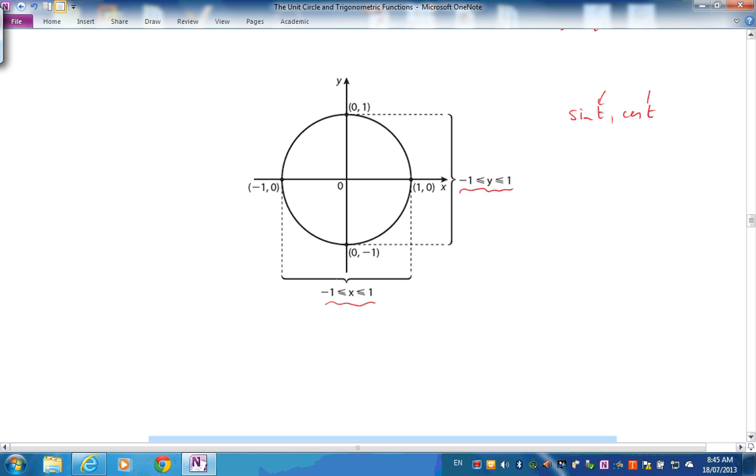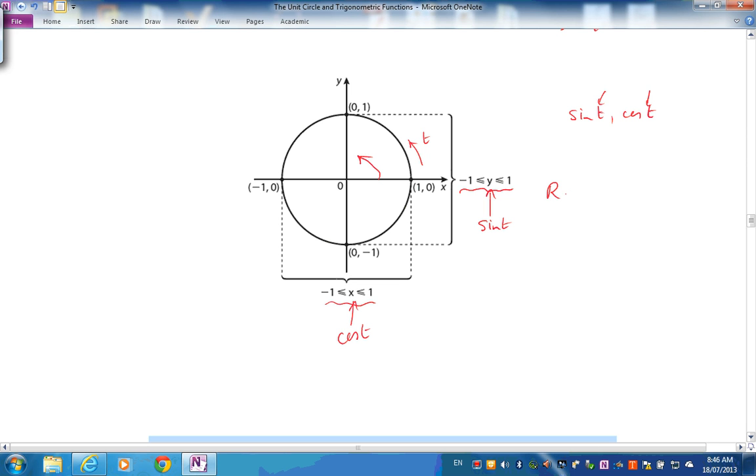But how big can x and y get, the coses and sines? Well, the y value is the value of sine of t, and the x value is the value of cos of t.